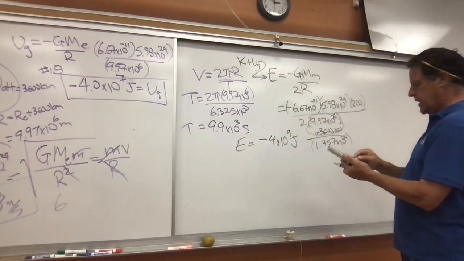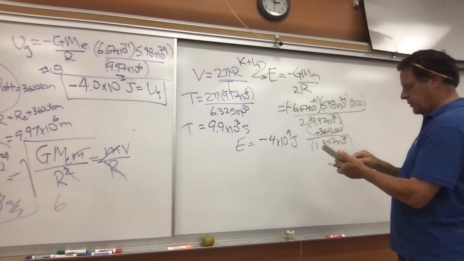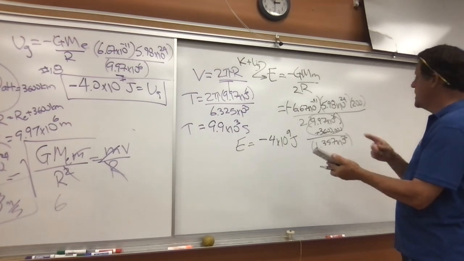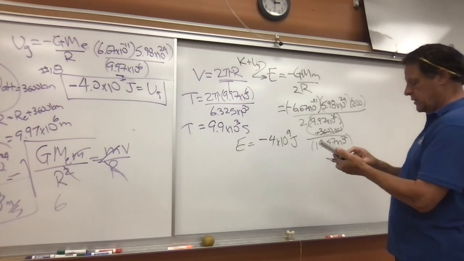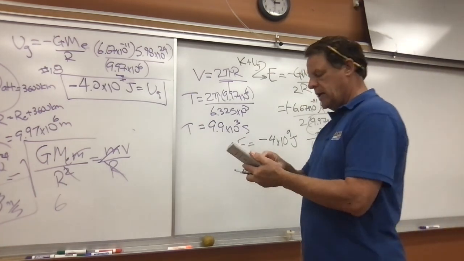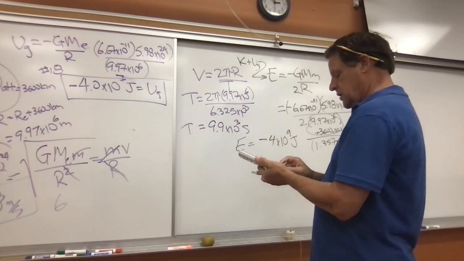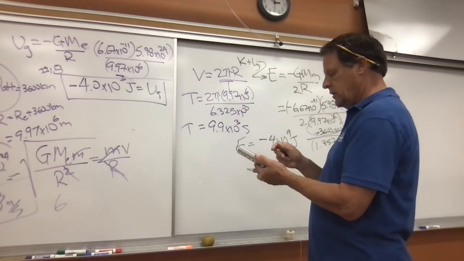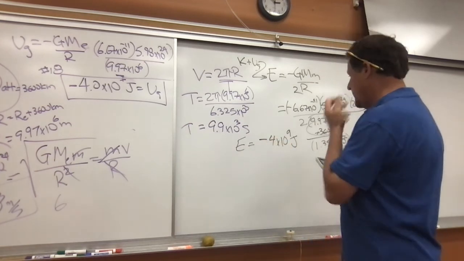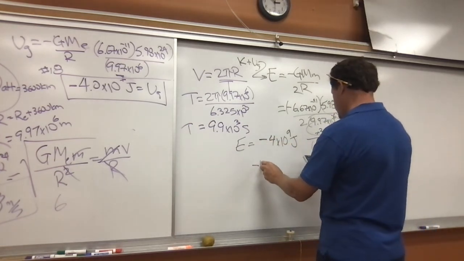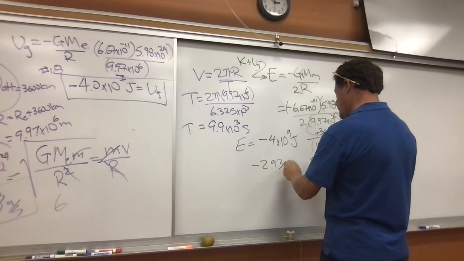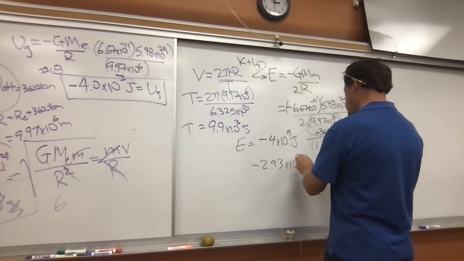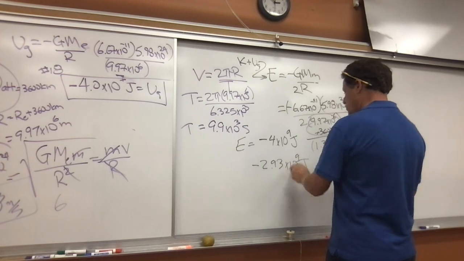I'm going to invert that and multiply it by 6.67 times 10 to the negative 11th times 5.98 times 10 to the 24th times 200, and that is going to be negative 2.93 times 10 to the 9th joules.